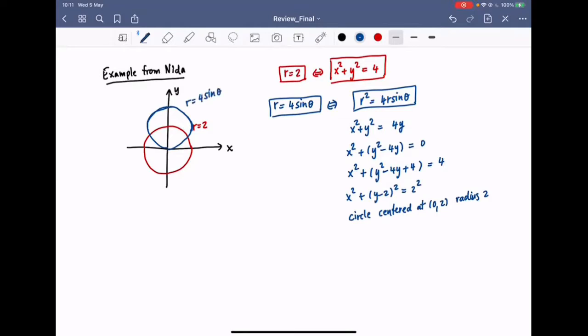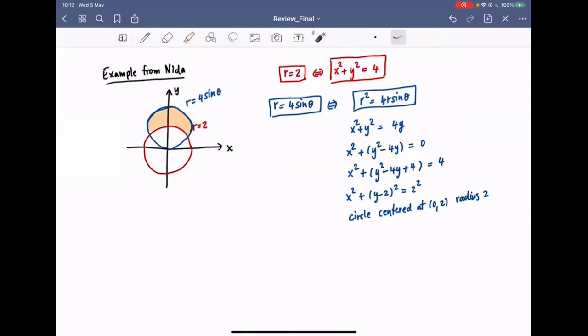Let's suppose that you have these two curves and the question asks you to compute the area that I shaded in orange here, outside the red, outside r equal to 2 and inside r equal to 4 times sine theta. How would you do it?